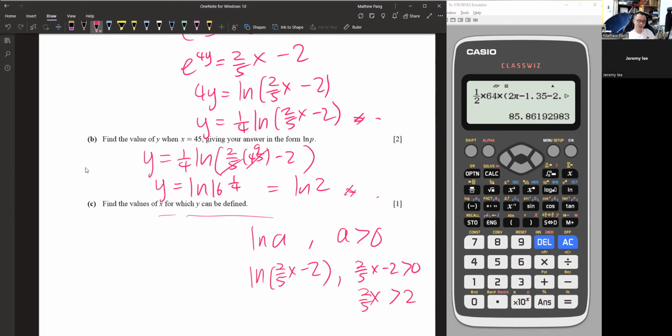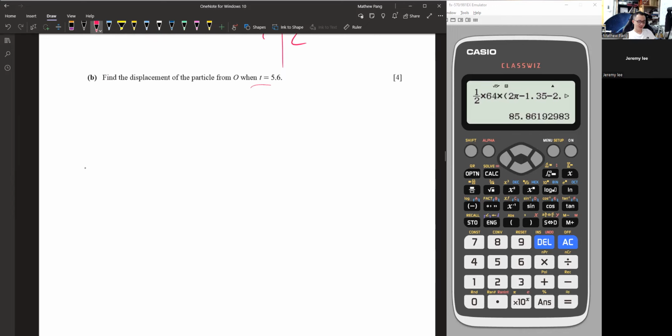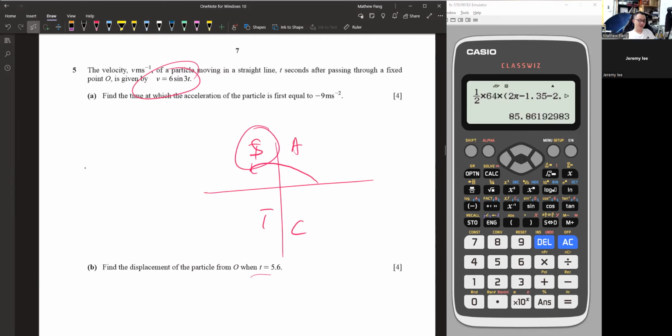This is the reason why you see the word first here for any trigo. B, find the displacement of the particle when t equals 5.6, very easy. Okay, come, you do this 8 mark question.